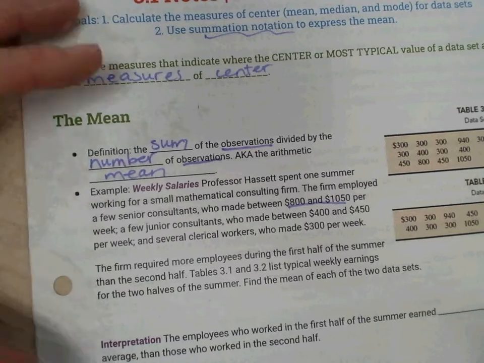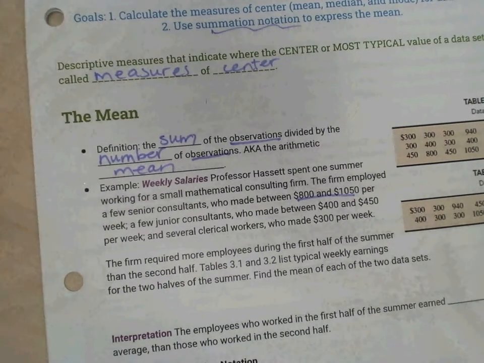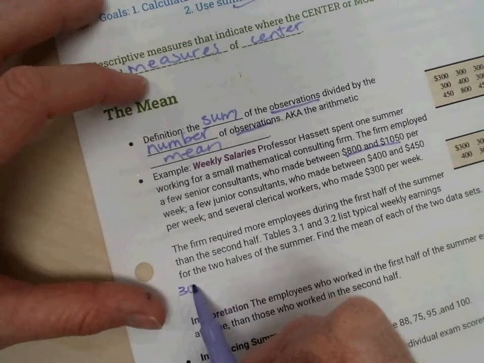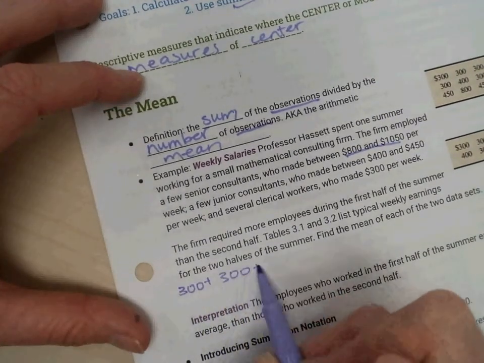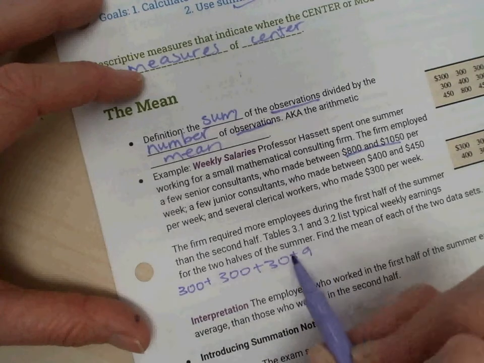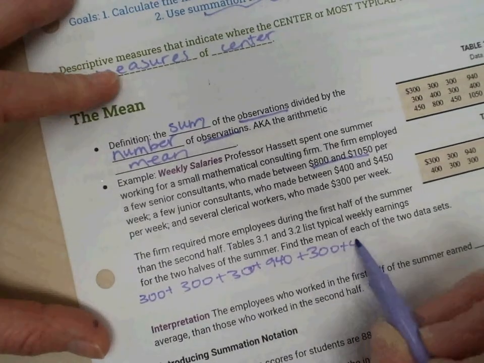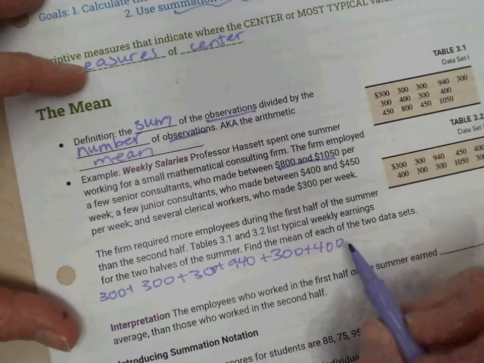We're going to do that how we already know how to, by adding them all up and dividing by how many there are. So 300 plus 300 plus 300 plus 940 plus 300 plus 400. I skipped a 300.